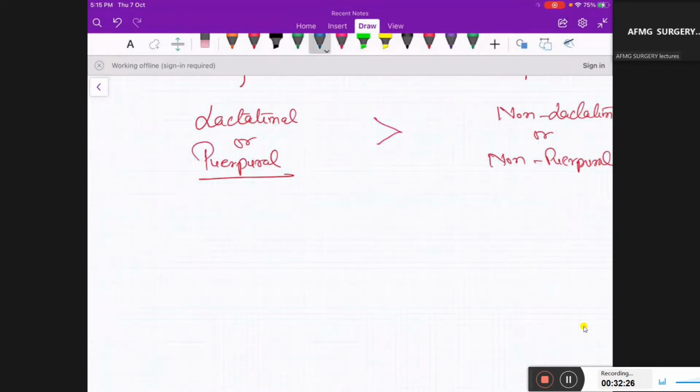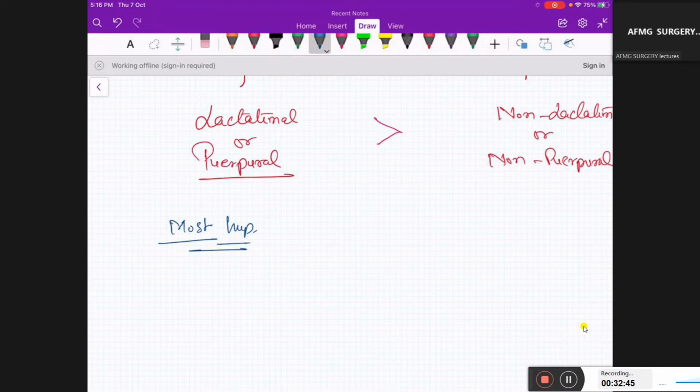Now, very, very important question. What is the most important predisposing factor for lactational mastitis? Lactation.